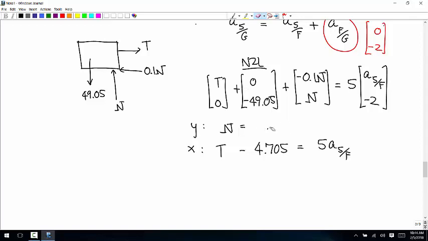So 39.05, and this is 3.905. And so the first equation that I'll keep says T minus 5 A5 relative to the floor is equal to 3.905.